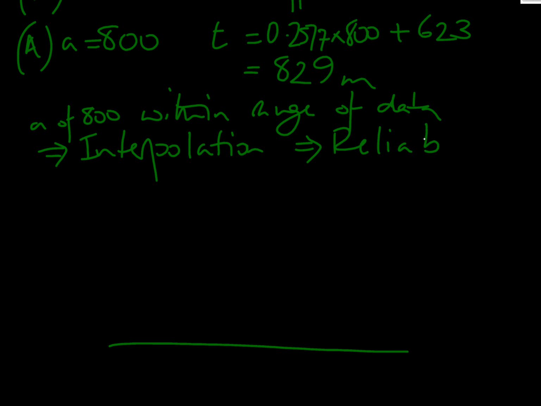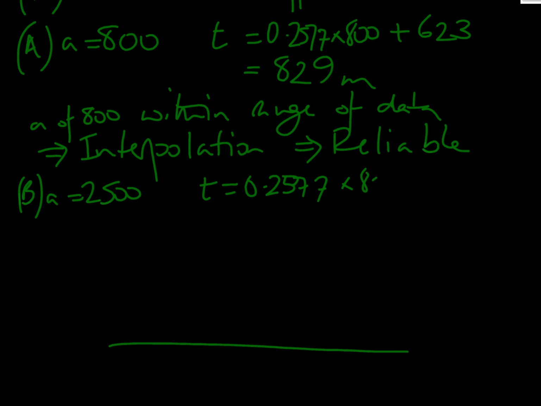Okay. Second one they want us to find was when A equals 2500. So again, putting the figures in, we get 0.2577 times 2500 plus 623, and that's going to be equal to 1,267 meters.